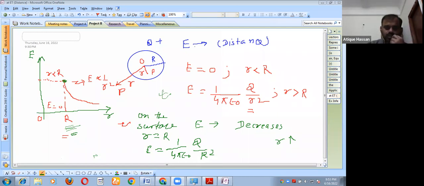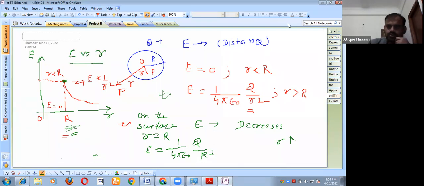We were drawing the graph for electric field versus distance R, right?